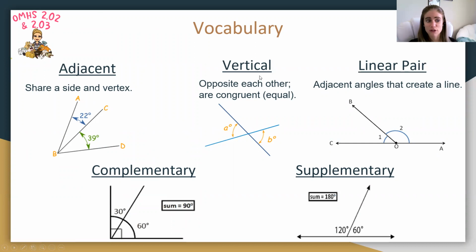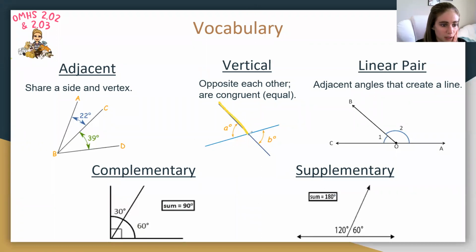Vertical angles. Vertical angles are opposite of each other. So we have A on this side and B on the other. One way to help you notice that they're vertical angles is notice that it makes that X. Or another way to look at it is we have a double V. Let's see if I can draw that on there for you.